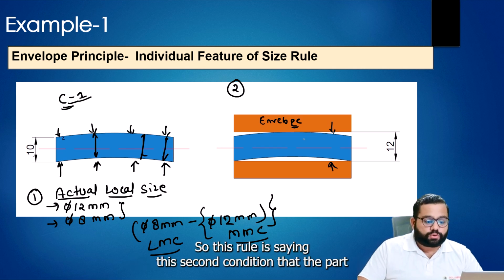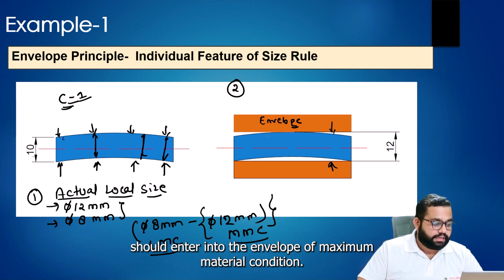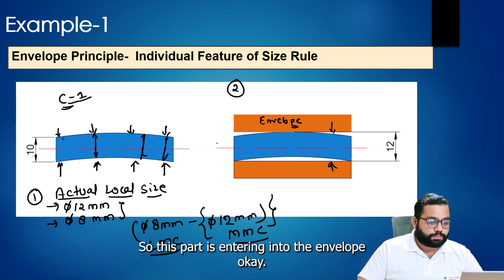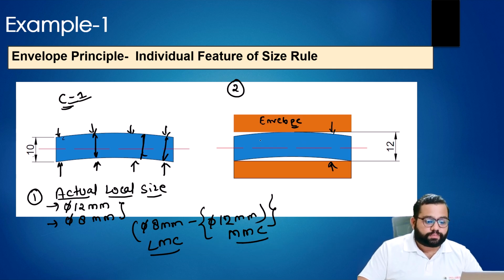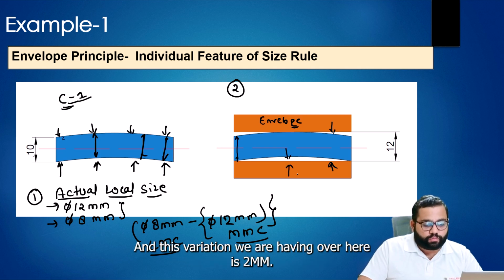So this rule is saying, this second condition, that the part should enter into the envelope of maximum material condition. So this part is entering into the envelope, because this size is 10 mm and this variation we are having over here is 2 mm.